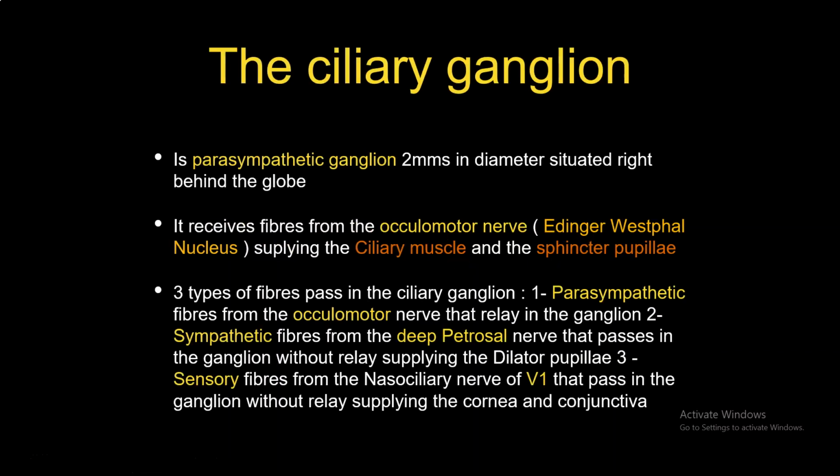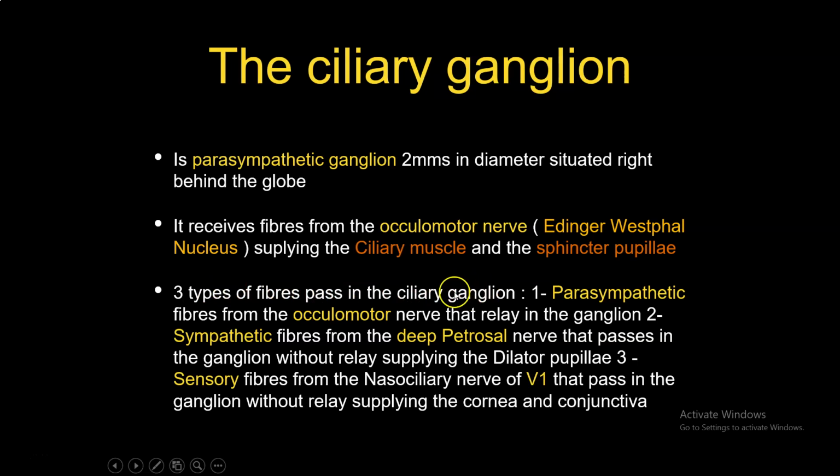Ciliary ganglion, we talk about it because we are talking about the oculomotor nerve. It is a parasympathetic ganglion, 2 millimeters in diameter, situated right behind the globe, and it receives from the oculomotor, as we said, the Edinger-Westphal nucleus, and supplies two intrinsic muscles, ciliary muscle and sphincter pupillae, and it has 3 types of fibers passing in the ciliary ganglion.